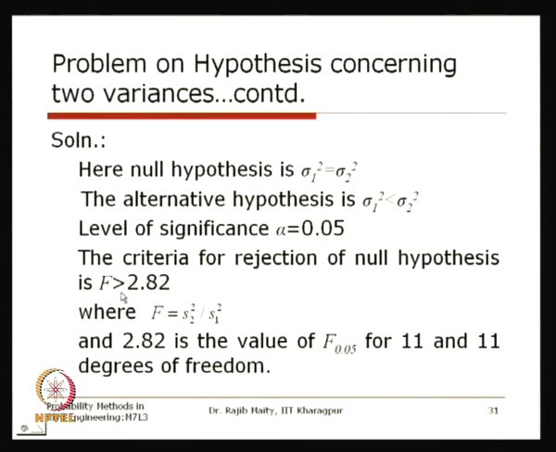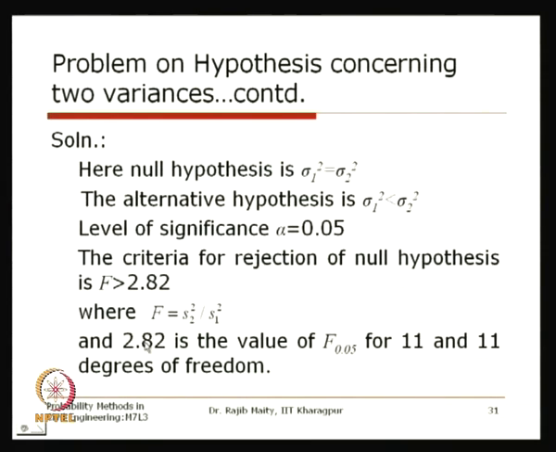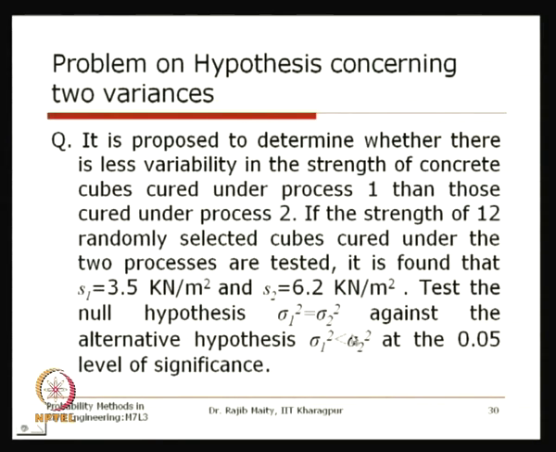This is the F distribution with degrees of freedom based on the sample size, which in both cases is 12 here. So, 12 minus 1, that is 11, the first degrees of freedom is 11, and the second degrees of freedom is also 11. Here F is equal to S2 square by S1 square, and you have seen that S2 is 6.2 and S1 is 3.5.